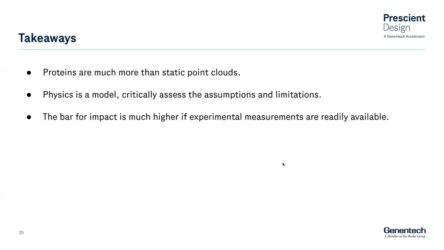And finally, this is the last one: if you're working on an algorithm whose reason for existence is that it works well in data scarce regimes, try to pick a problem that's really data scarce, and maybe not binding affinity. A great example of this is a property called clearance, which is essentially how fast your body flushes antibodies out of your system.